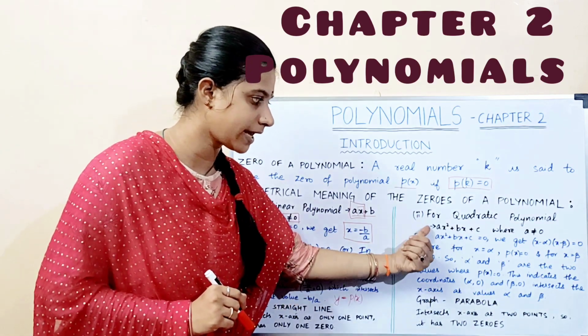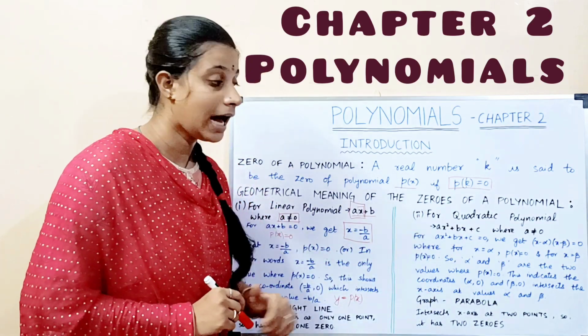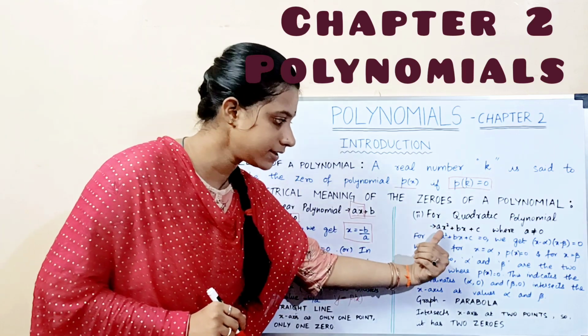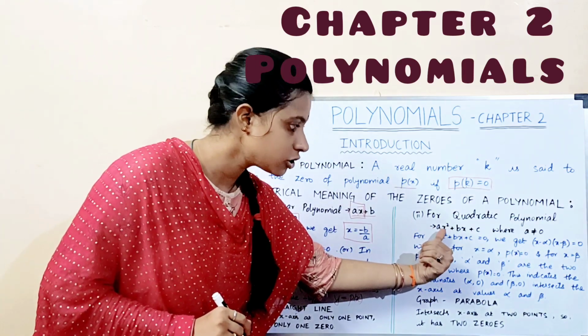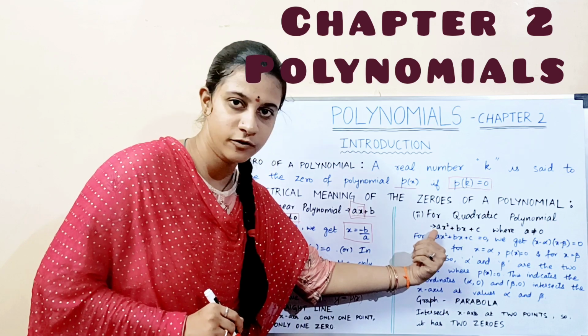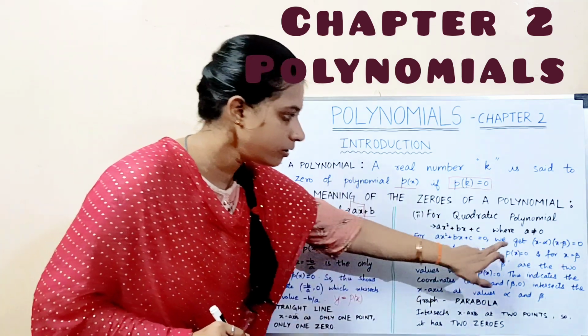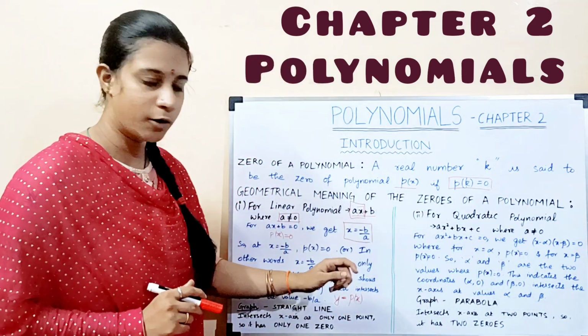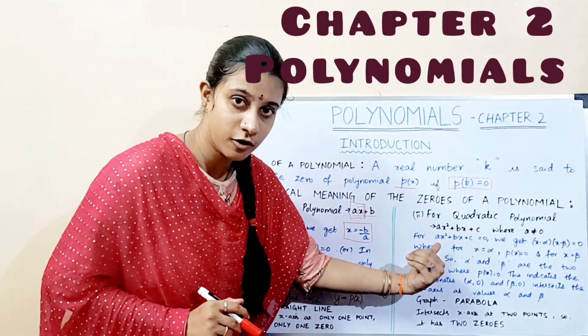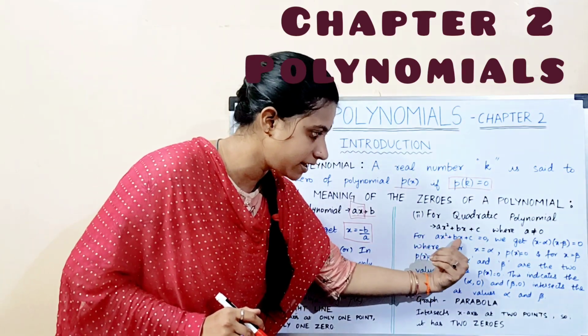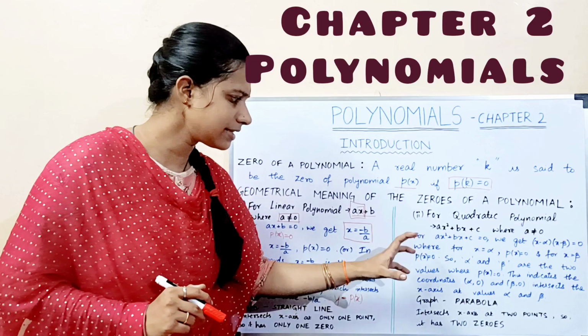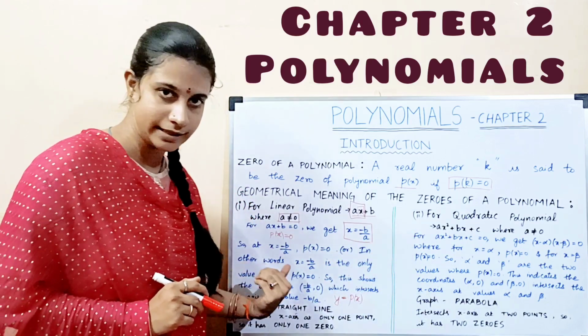The general form is ax square plus bx plus c, and here also this highest power x square should not have a coefficient as 0. So a is not equal to 0. Now taking this polynomial p of x to be 0, that is ax square plus bx plus c equal to 0, this is slightly different from that of this linear polynomial.